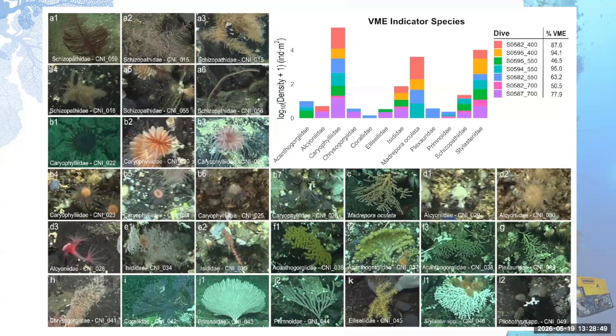I also remember that the first speaker highlighted the need for standardization of vulnerable marine ecosystem species and their frameworks. So it is also a gap that we identified when we were doing our analysis.